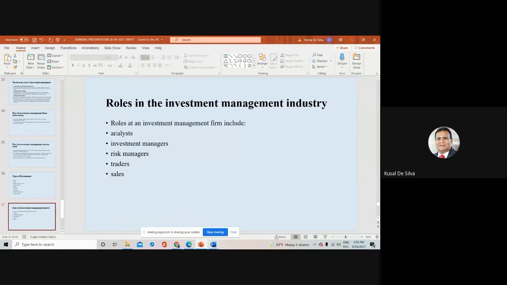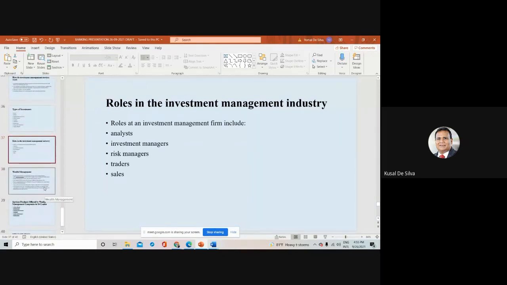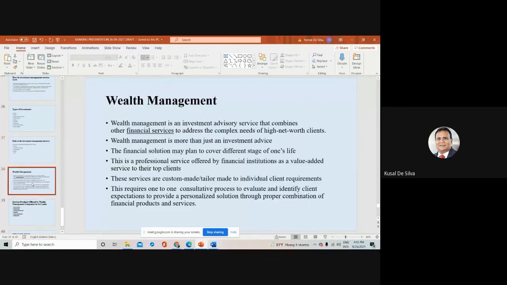They are called actuaries. They do calculations using multiple tools, and forecast future requirements and future returns using technology. And these are the roles available in the investment management industry. Then we'll move to wealth management.